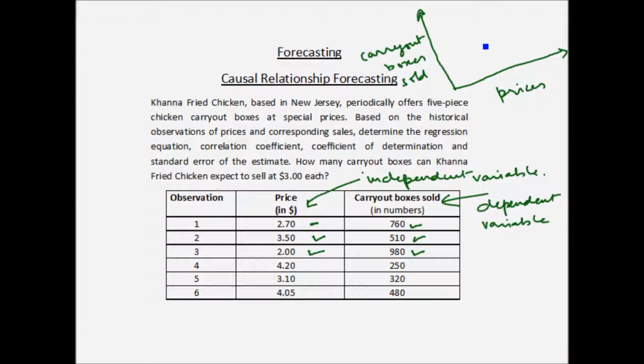Now we have been given some data, and let's say the data points come out as follows. So let's say these are the data points. Now we need to determine the regression line which can be drawn using these data points. So let's say this is the regression line.